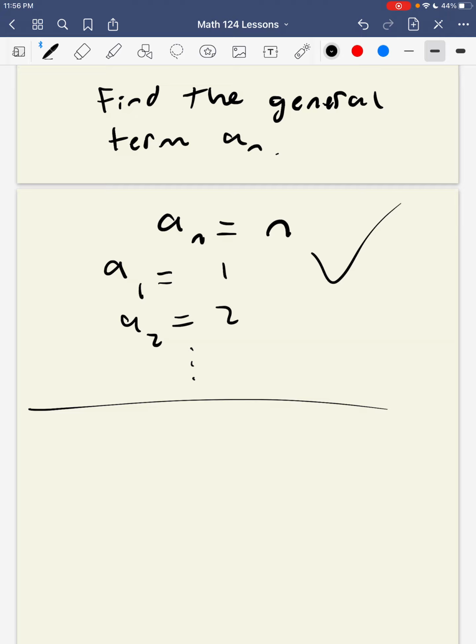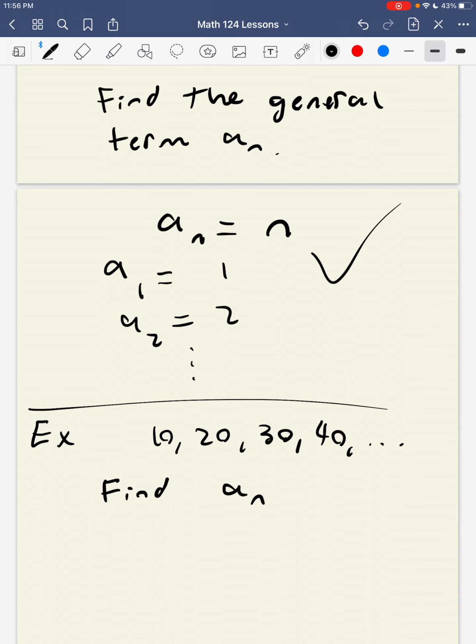Okay, what if we have this list, 10, 20, 30, 40, and so on. Now we again want to find a general formula, find an. We want a formula that when we plug in 1, it spits out 10.